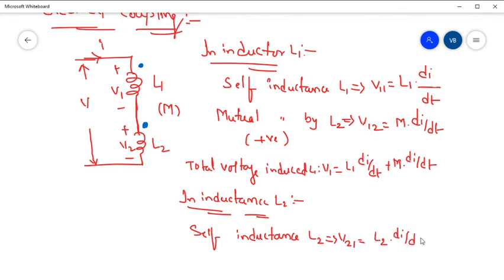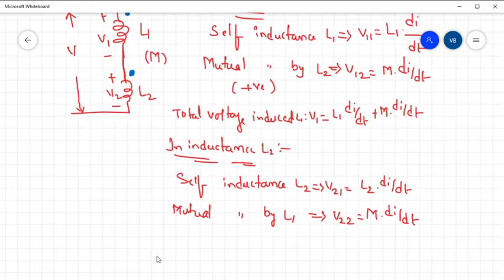Same thing, mutual inductance we should take as positive, since both currents are entering at the dotted terminal. So the mutual inductance by inductor L1, we take it as V22 equals M into di by dt. This value is also positive.